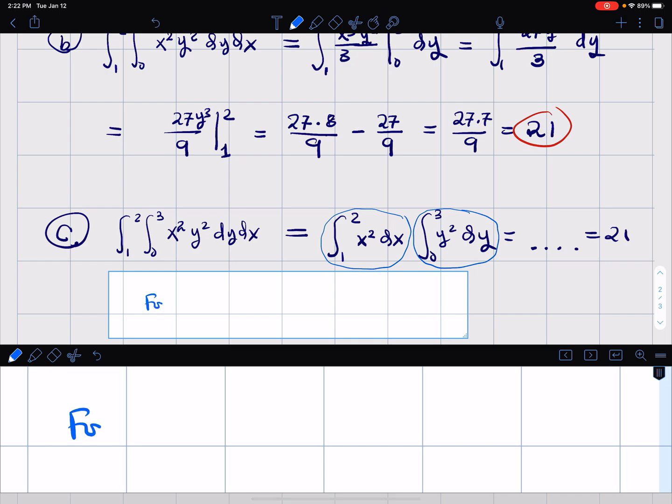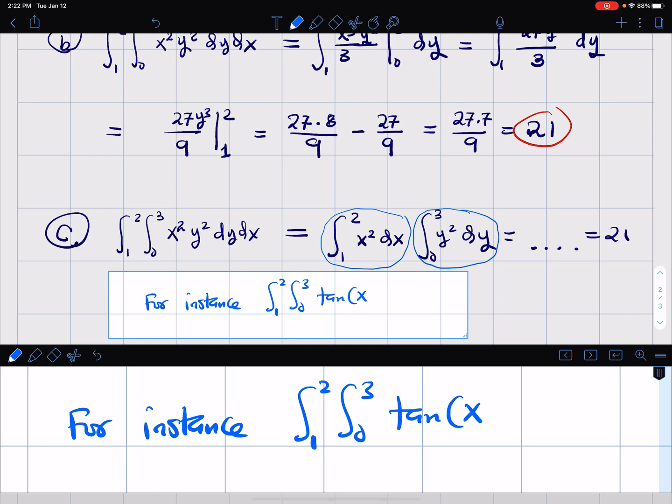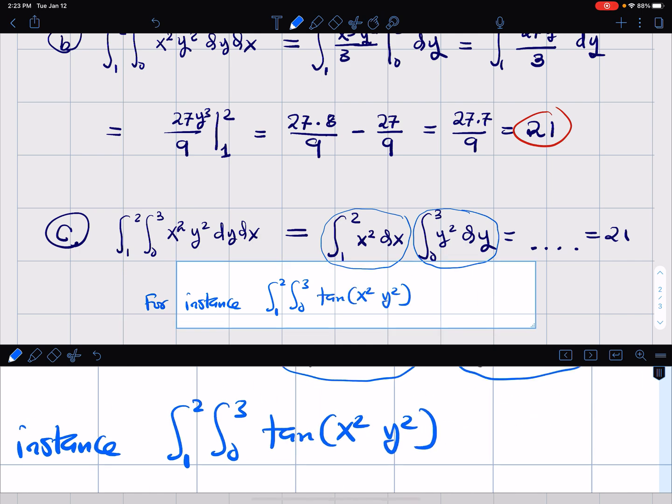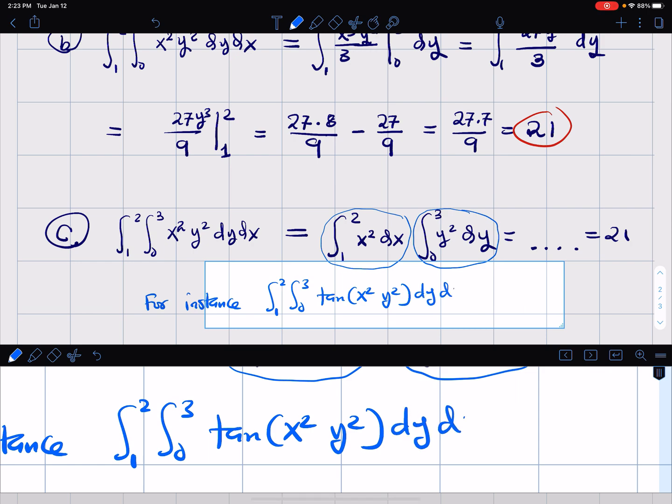So for instance, if I had, say, the same integrals, 1 to 2, then 0 to 3, of tangent of x squared, y squared, dy dx, there's no way I could break it up. So you don't break things up.